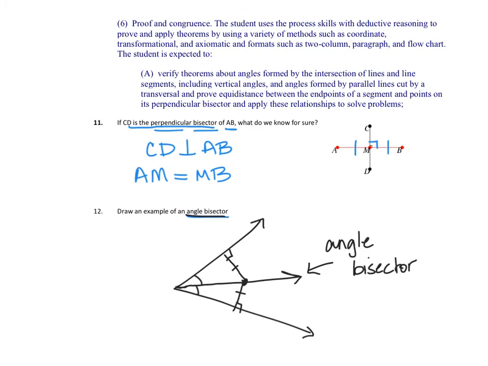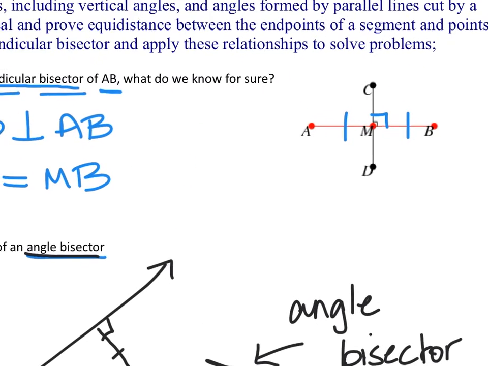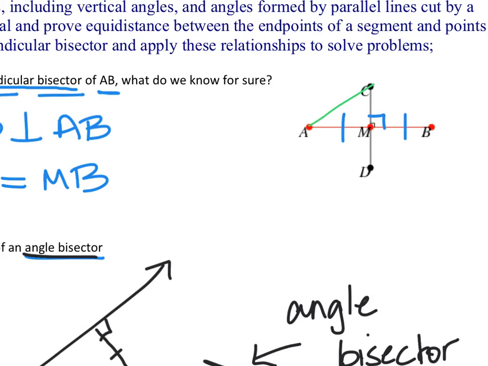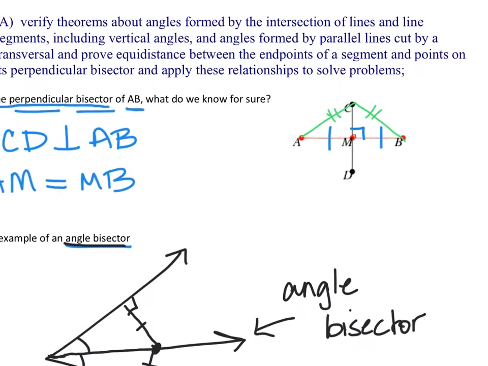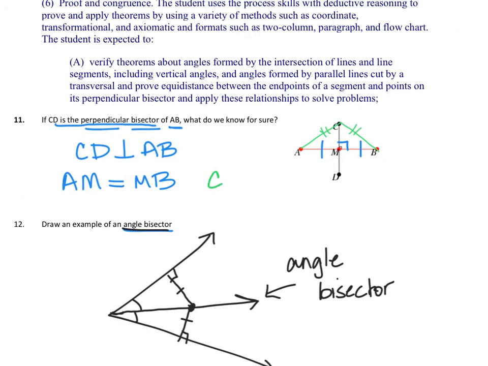We also know that CA, up here on the perpendicular bisector, this segment would be equal to that segment, because any point on a perpendicular bisector is equidistant to the endpoints of the segment. So we also know that CA is equal to CB.